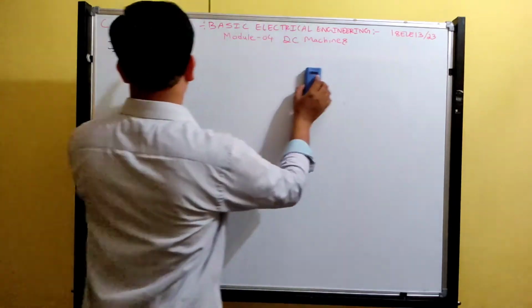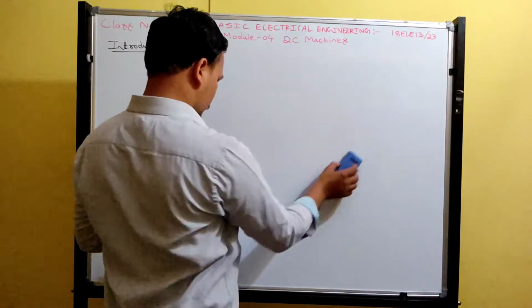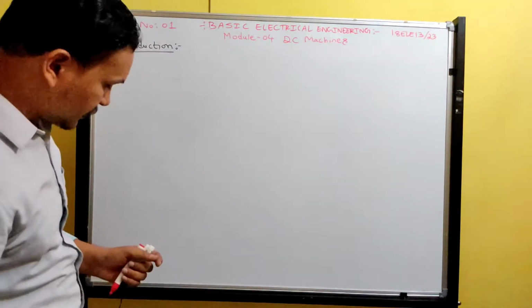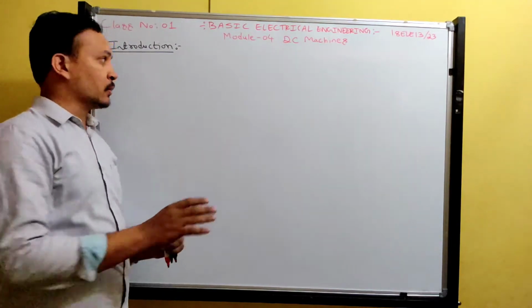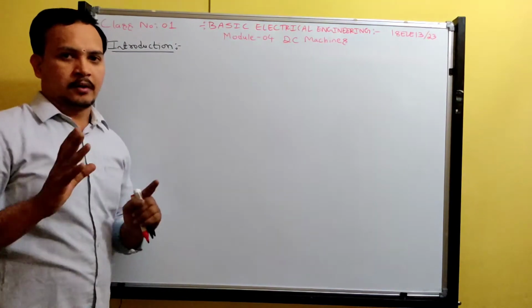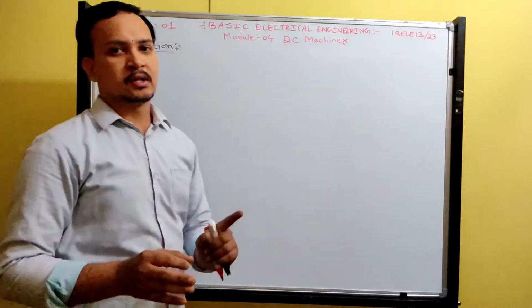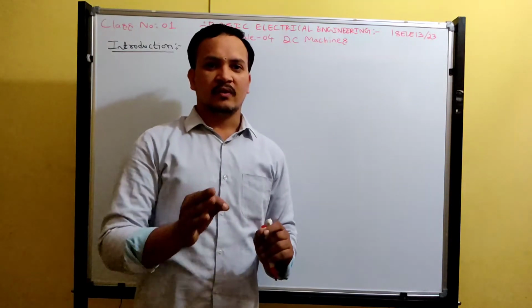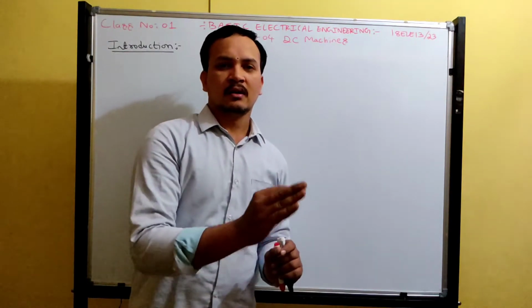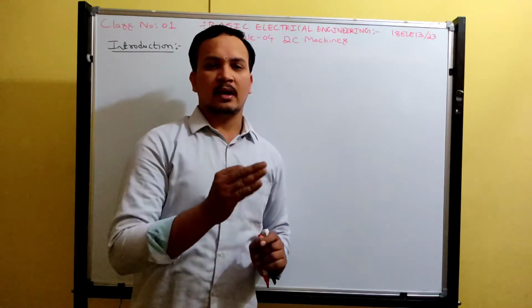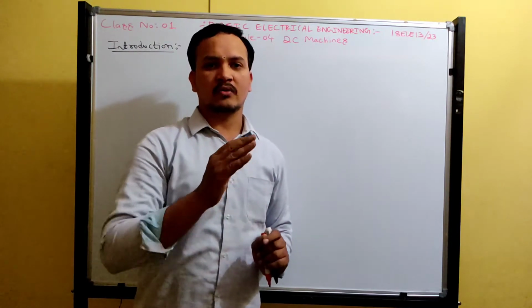So it is class number 1, DC machines. In this lecture I am going to cover only the introduction part. This introduction part is very important for the basic electrical engineering laboratory, because in the laboratory they will ask viva questions.